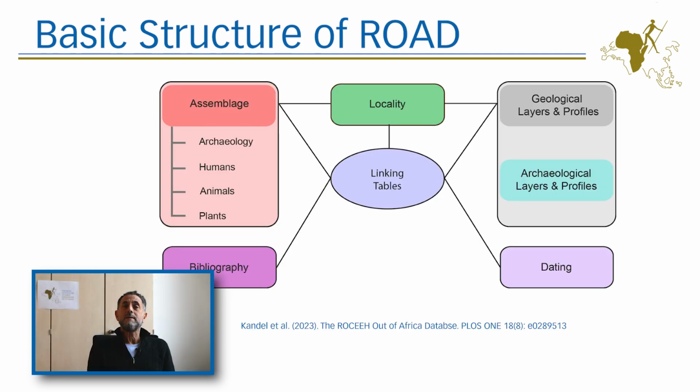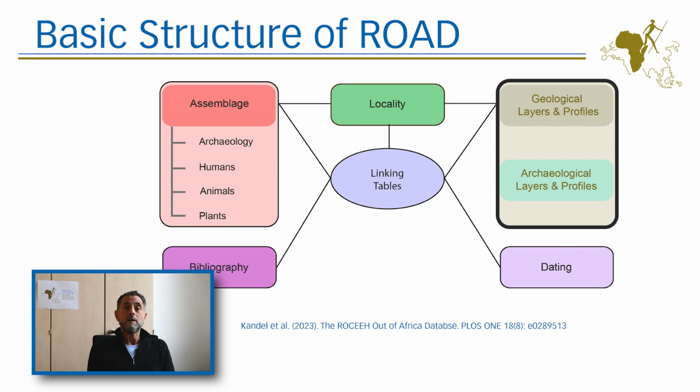The ROAD database is structured around the site. We call it locality, but that's the main building block that everything is connected to. Once you have the name of your site, then you can start to build up the site with different geological layers. The geological layers can have ages, and there can also be archaeological layers for archaeological sites.